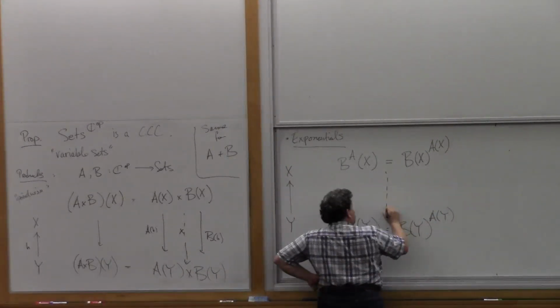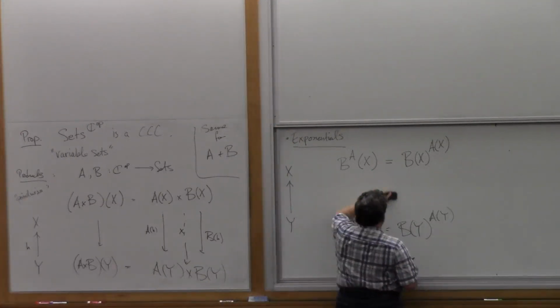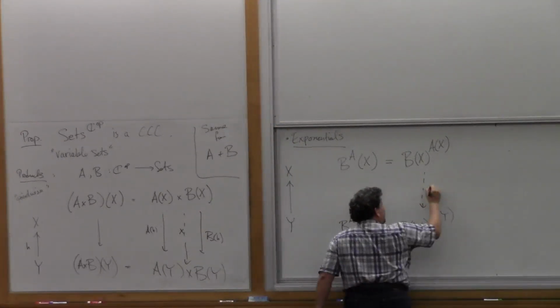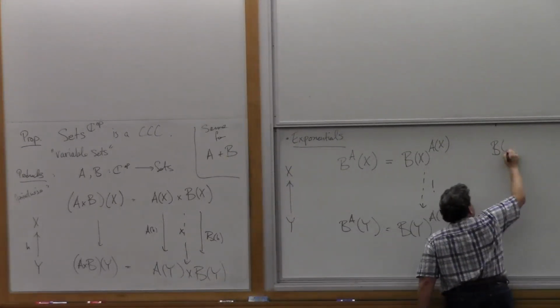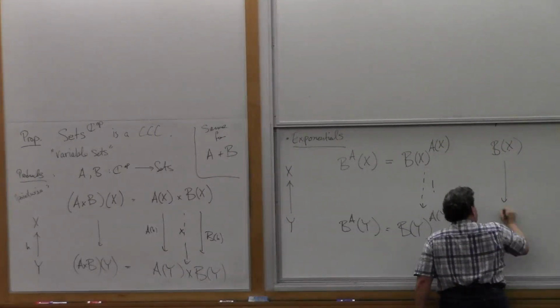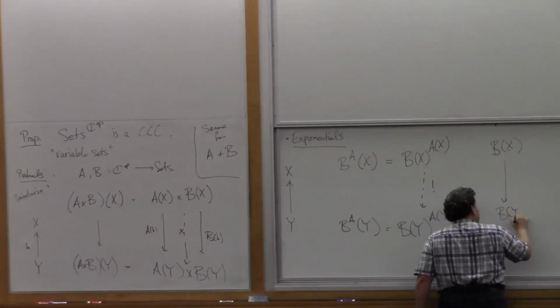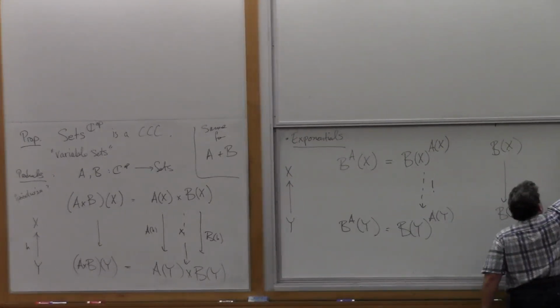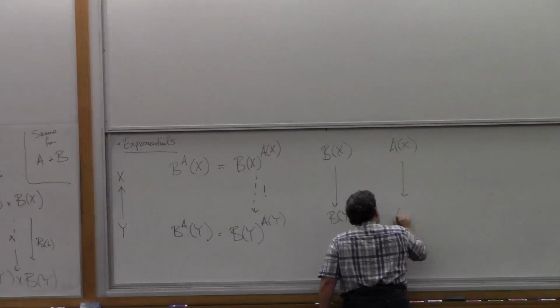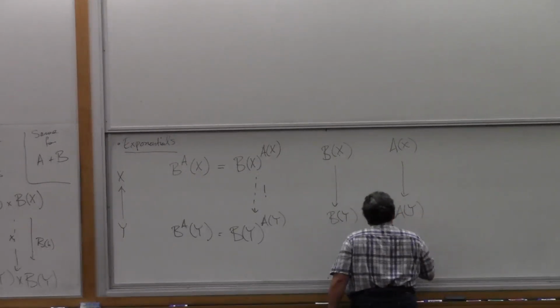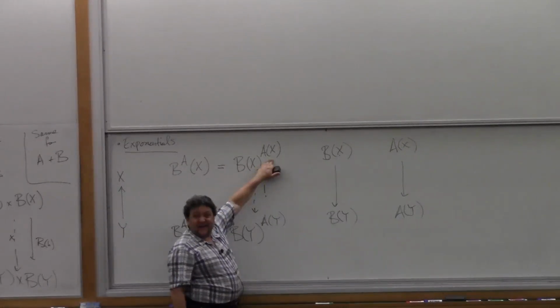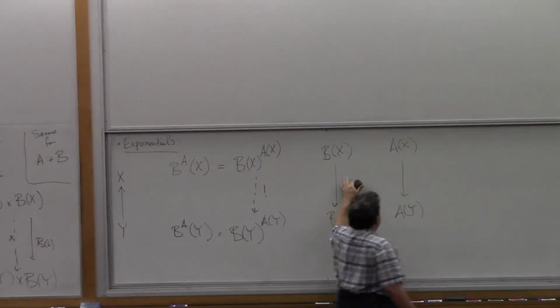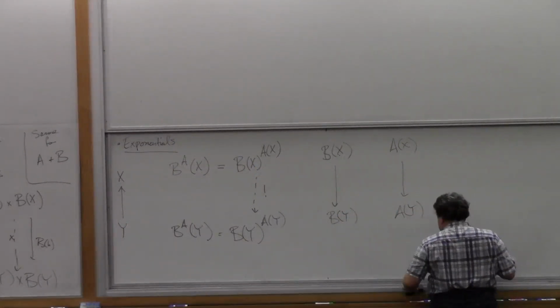So we need to get a map like this, right? That's what we need. So we've got BX to BY by assumption. We've got AX to AY by assumption. But of course, there's a problem here because this is in a covariant position and this is in a contravariant position, right? So from these two maps, what can we put together?